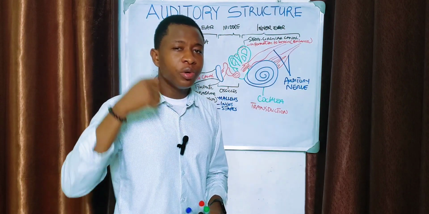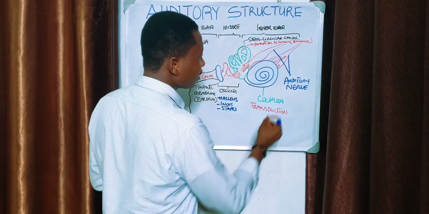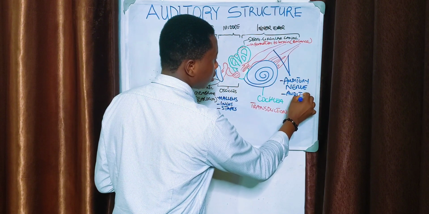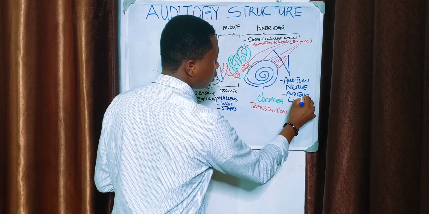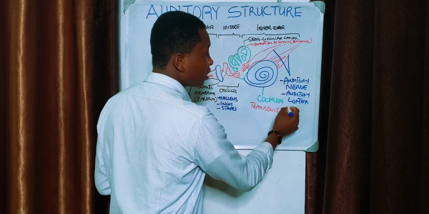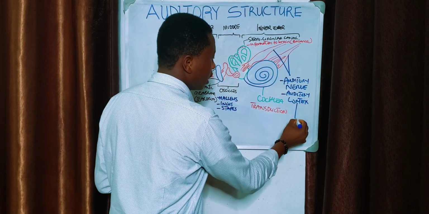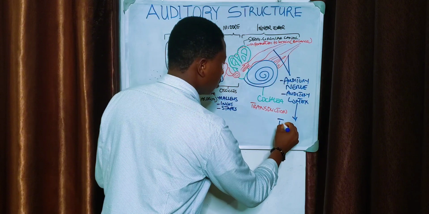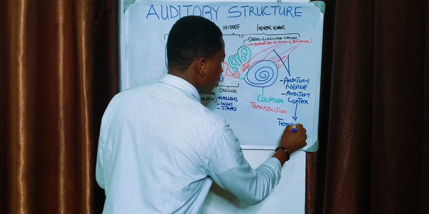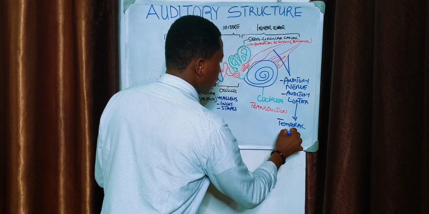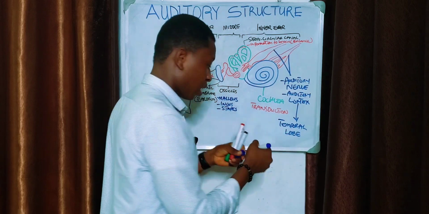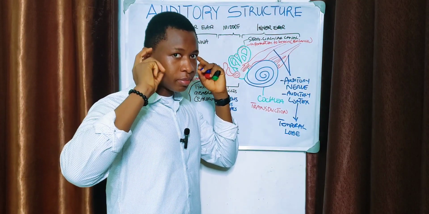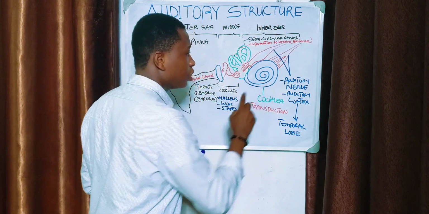It goes to the auditory cortex. The auditory cortex is found in the part of the brain called the temporal lobe, which is around this area. That is where you can find the auditory cortex.